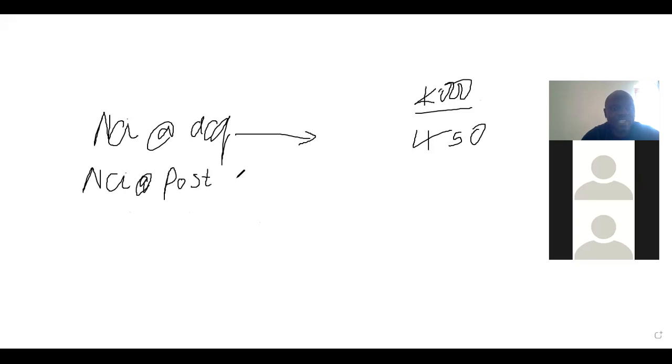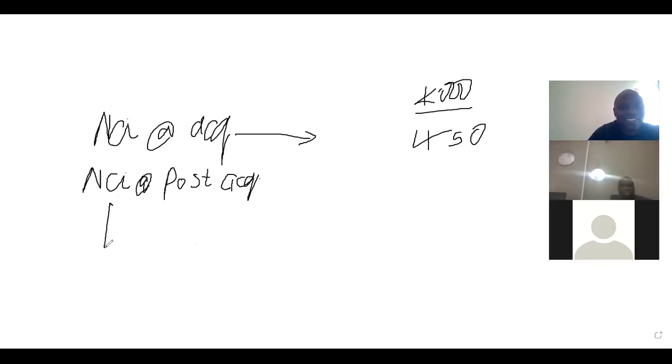What was the NCI at post-acquisition? The way you compute this is easy.